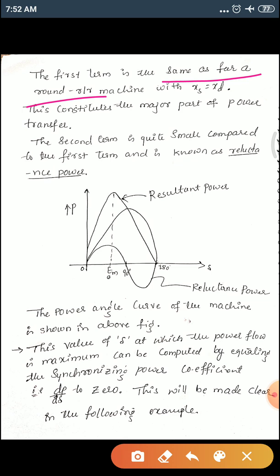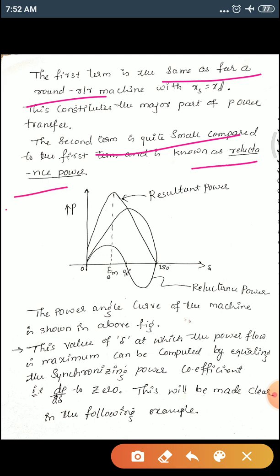This constitutes the major part of the power transfer. Then the second part is quite small compared to the first term, around 10 to 20% of the first term, and this one is known as reluctance power.